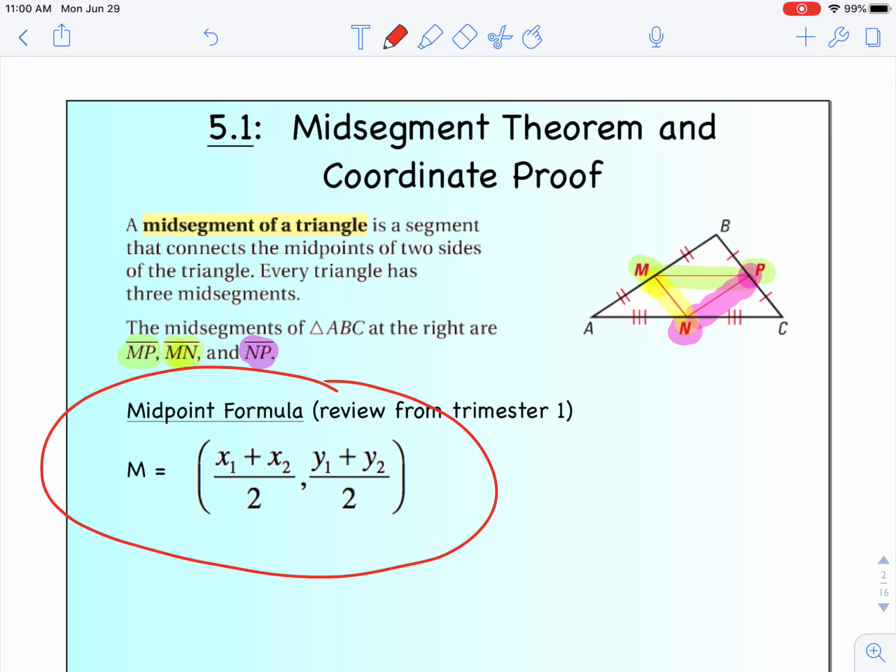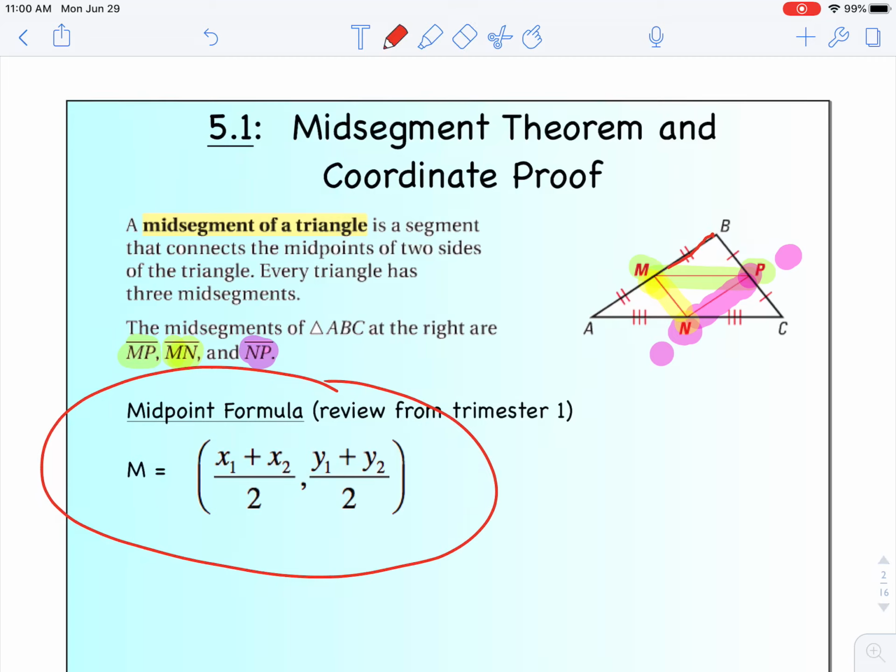So what's the big deal? Well, if you take a look at this midsegment right here, NP, how does it look like it might compare to side AB right here? We know one thing already.